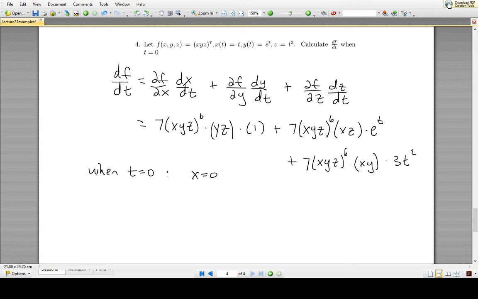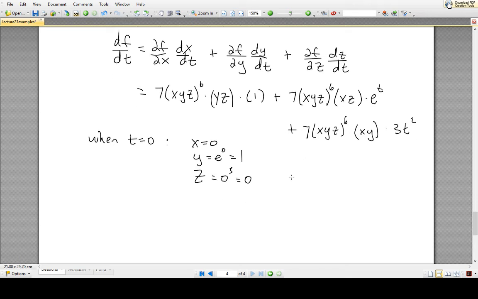When t equals 0, y is equal to e to the 0, which is just 1. And at t equals 0, z is equal to 0 cubed, which is just 0. So now we know that when t equals 0, x is 0, y is 1, z is 0. And so we can sub in x is 0, y is 1, and z is 0 into our derivative here, as well as the fact that t equals 0, and then we can come to a number.